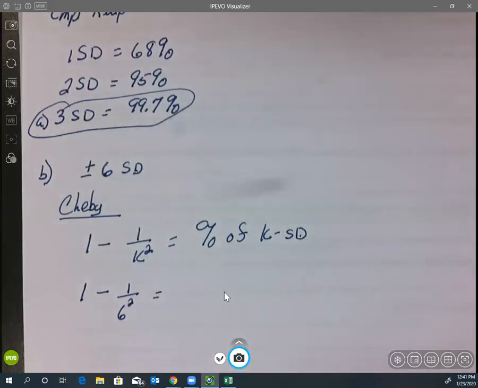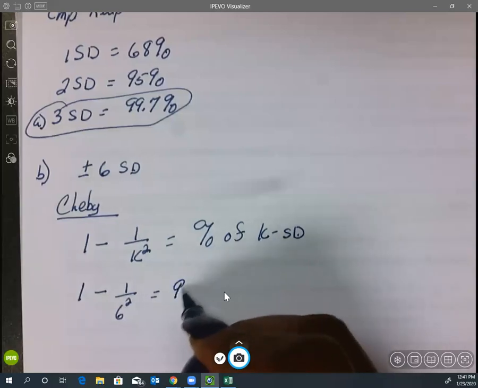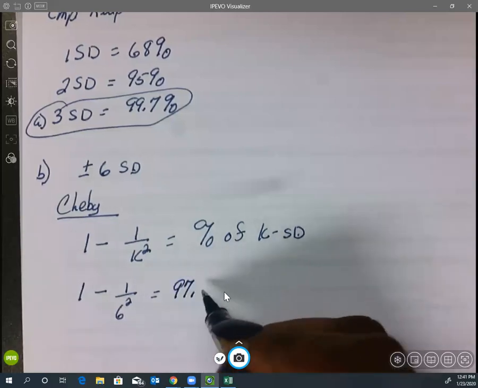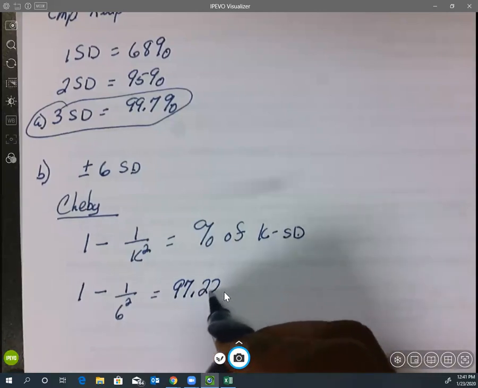Into your calculator, 1 minus 1 over 6 squared. I get 97.222. So that's about 97 point, and they want us to round to 2 decimal places, 22%.